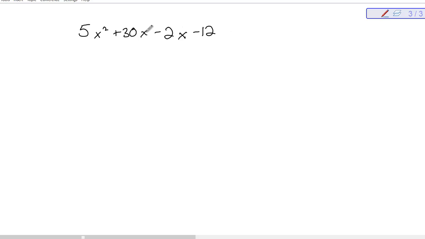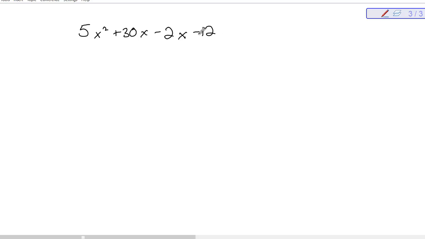Now looking at this, some of you may start to combine like terms, but when we are wanting to factor, leave it as is, okay? If we start with 4 terms, just leave them with 4 terms and go from there. Is there a number that will divide into all 4 of these numbers? 5, 30, 2, and 12.